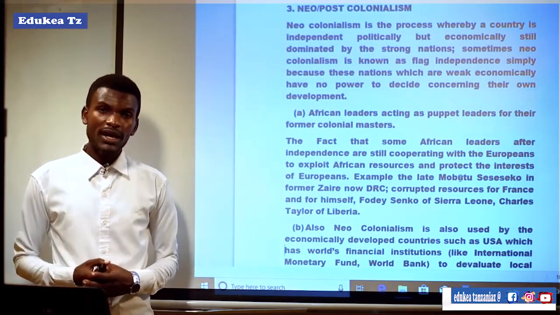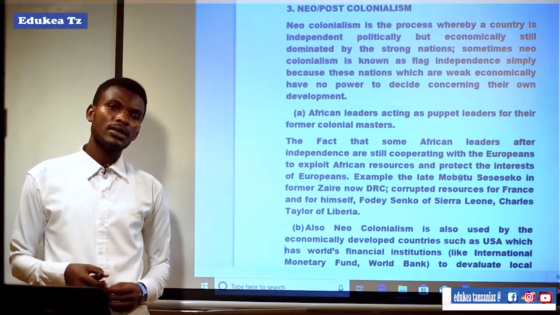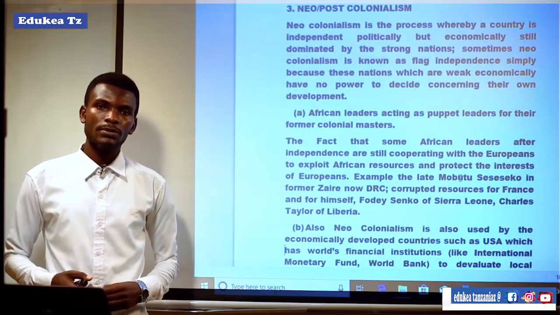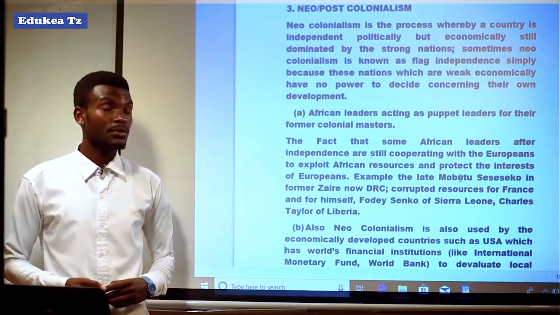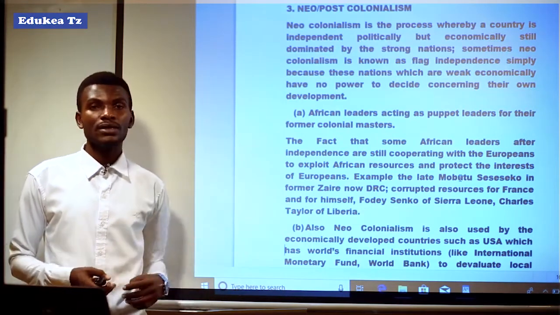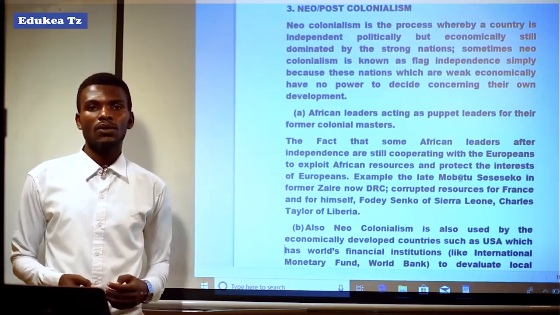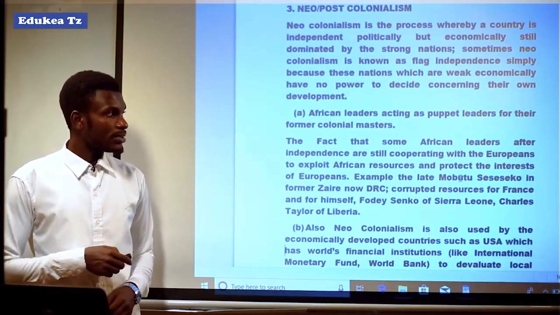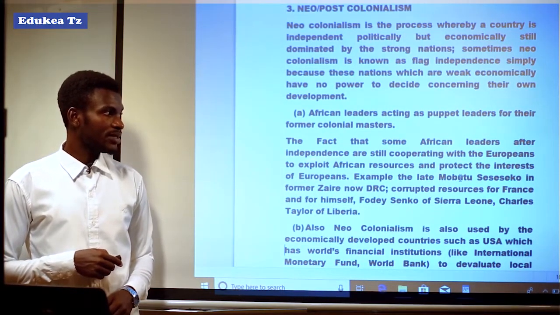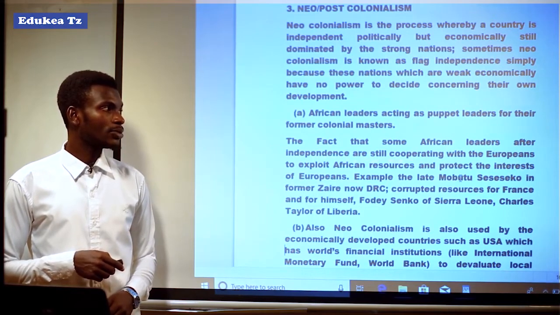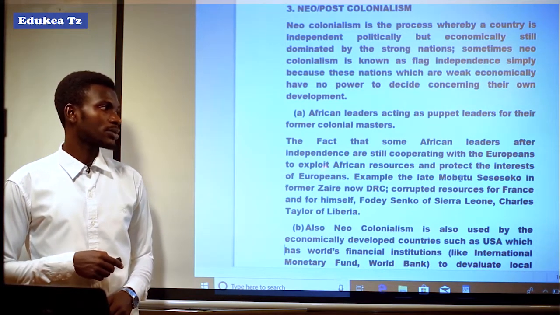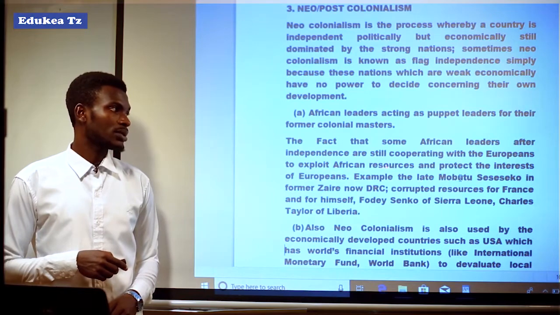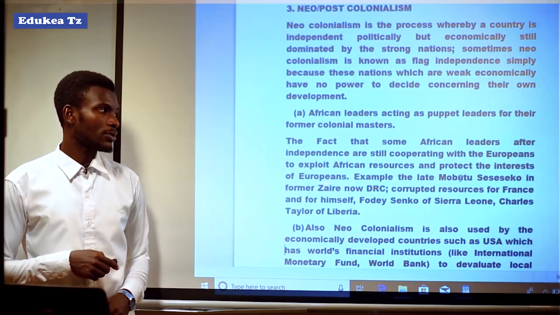It means that after the attainment of independence in many African countries, many African leaders became puppets of their former colonizers. The fact is that some African leaders after independence are still cooperating with the Europeans to exploit African resources and protect the interests of Europeans.